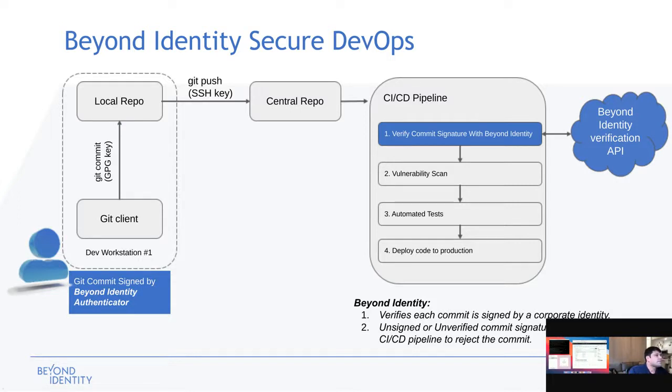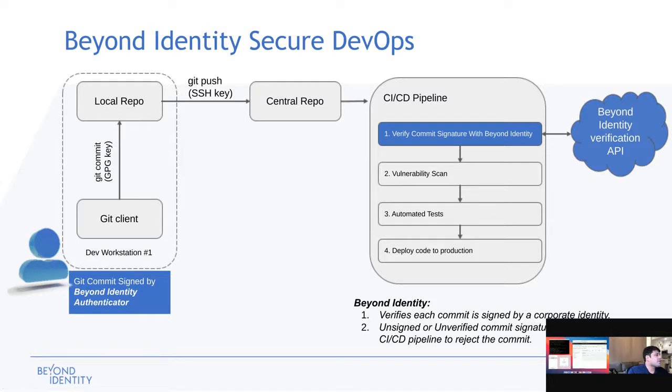Now I just pushed up this code change 11 seconds ago, and this is what I did. I added 5 tomatoes to the recipe. Now, the CI/CD pipeline will be kicked off because I submitted the code to the repo. And what I want to point out here is that I did not sign the code change, and therefore the pipeline will reject it. The Beyond Identity module will reject the code commit.